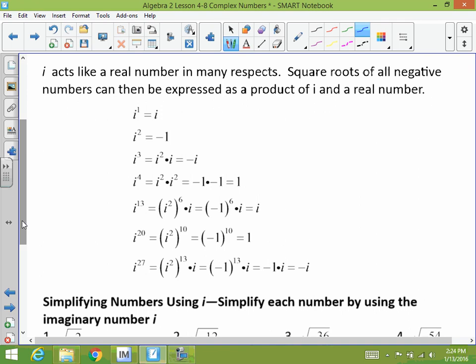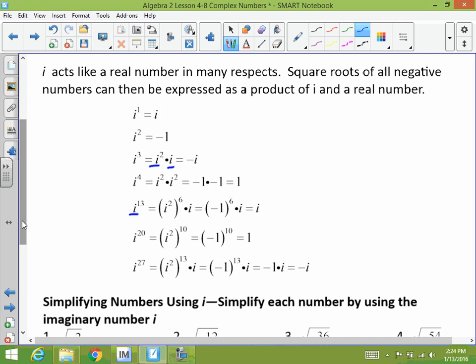i to the first is i. i squared is -1. So i to the third would become i squared times i. Well, i squared is -1, so that becomes -i. i to the fourth becomes i squared times i squared, which is -1 times -1, which becomes 1. i to the 13th would be like saying i squared taken to the 6th power, times i.